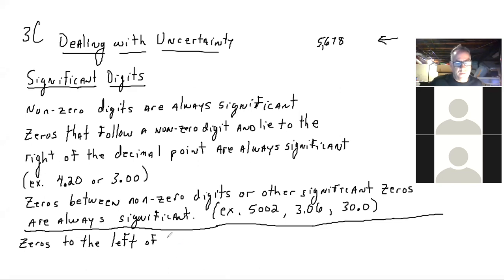Zeros to the left of the first non-zero digit, which may end up being to the left of the decimal point, are never significant.